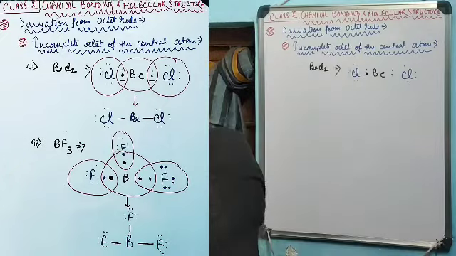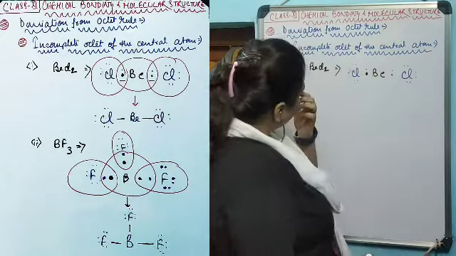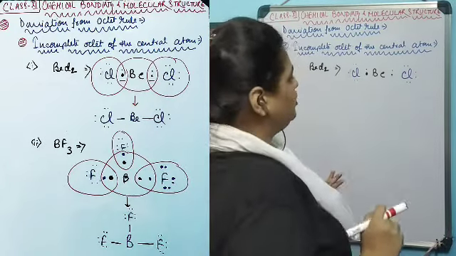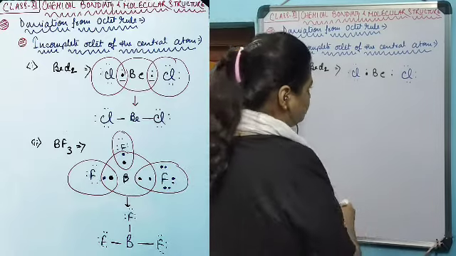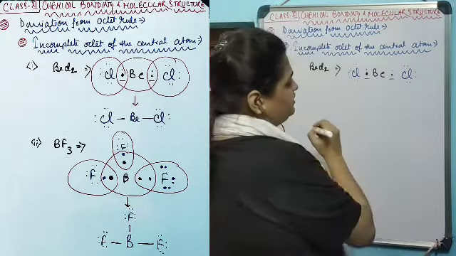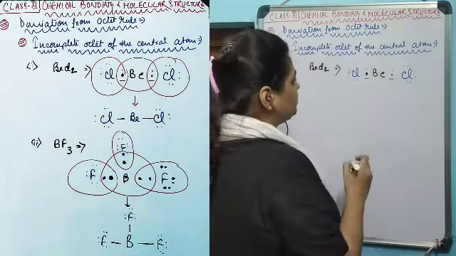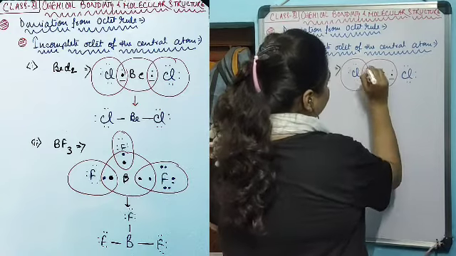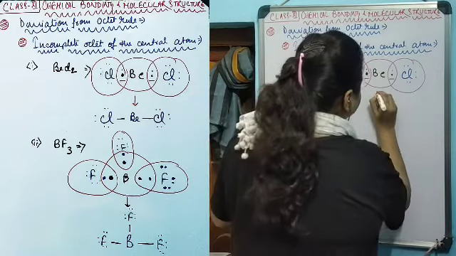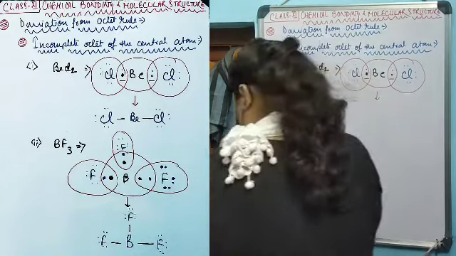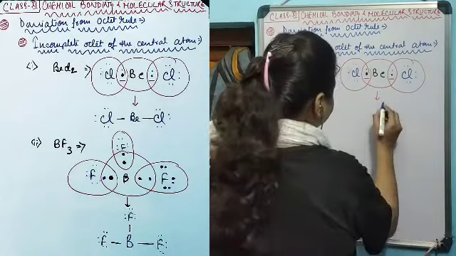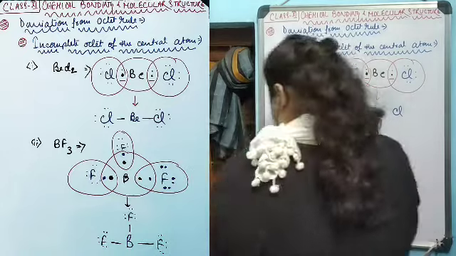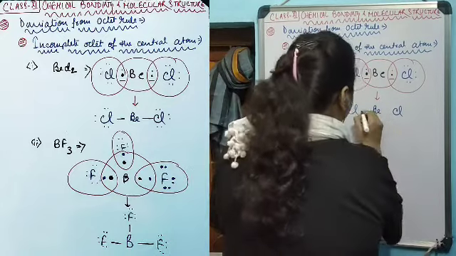So each chlorine is sharing one electron of its own with one of the electrons coming from the beryllium and creating an electron pair, and this electron pair is shared by both the beryllium and the individual chlorine. As a result of this, the beryllium chloride compound is being formed.